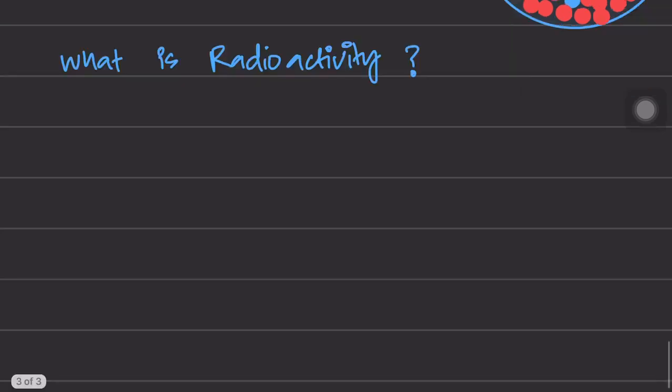So what exactly is radioactivity? I want you guys to make sure that you remember the words that I'm using here. This is tested quite a few times in the exam, so if you're good on the definitions, you can easily get your score there. So what is radioactivity?